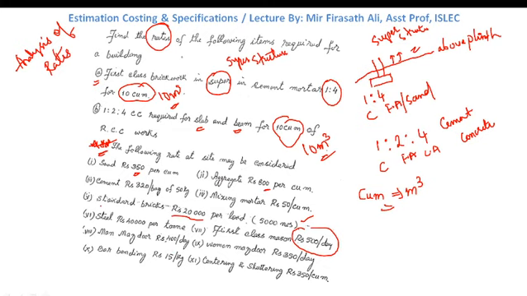Man mazdoor is 400 per day, woman mazdoor is 350 per day. Bar bending is 15 rupees per kg. Centering and shuttering is 350 rupees per meter cube. This is the data given to us for solving this analysis of rates.